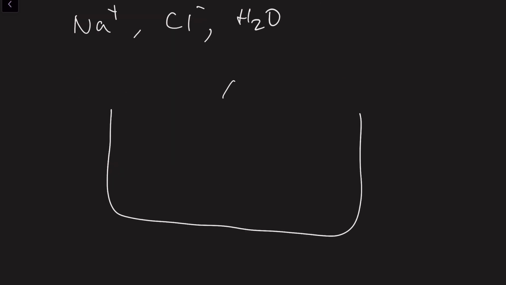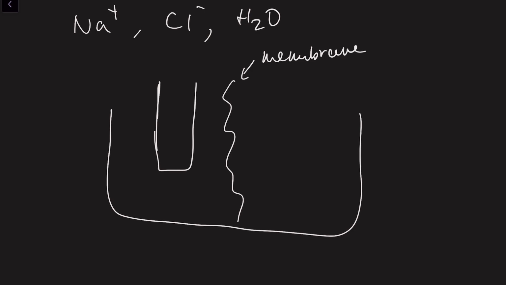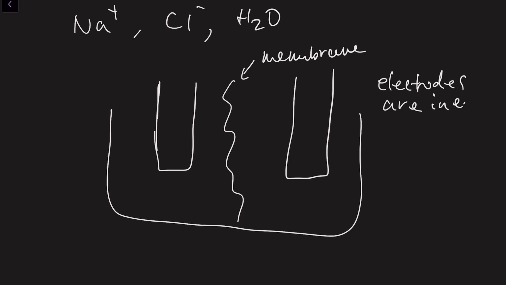So it looks like this. So this is a membrane, and the function of that, we will discuss a little bit later. And as before, you have two electrodes, and the electrodes are inert. And you have two different solutions.